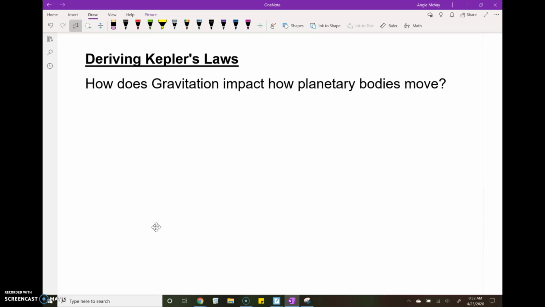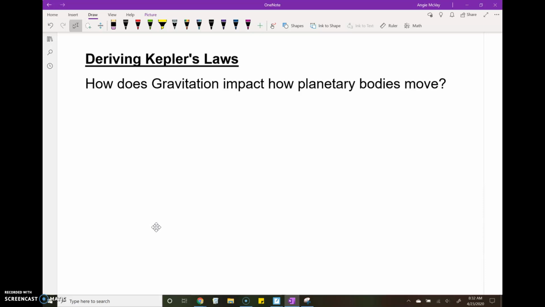And so we can use Newton's second law, specifically written to describe an object in circular motion, and combine it with Newton's universal law of gravitation to come up with something that Johann Kepler was able to derive, called Kepler's third law of planetary motion.